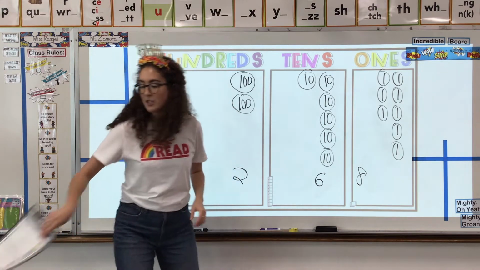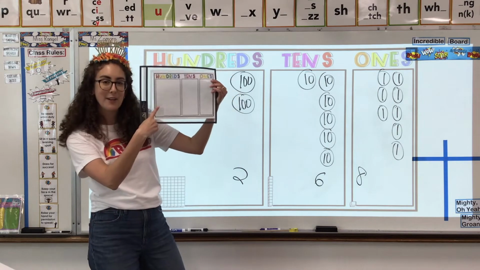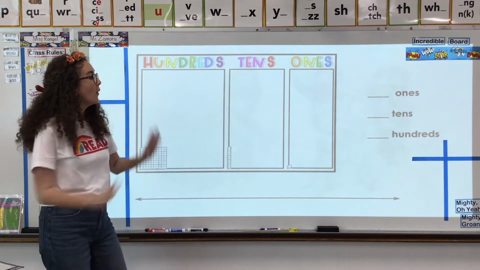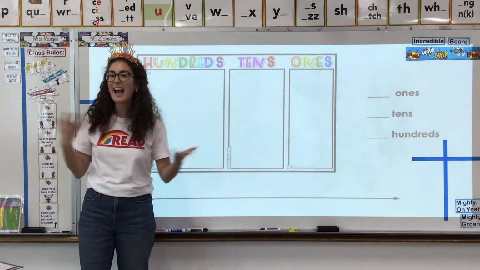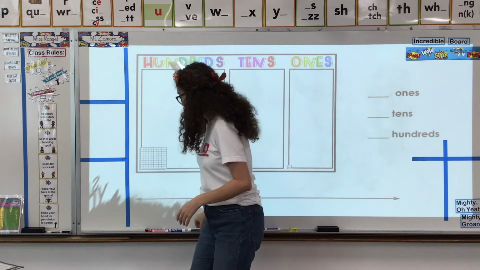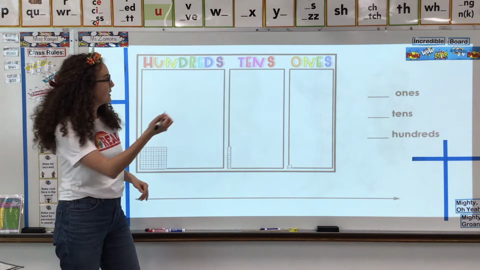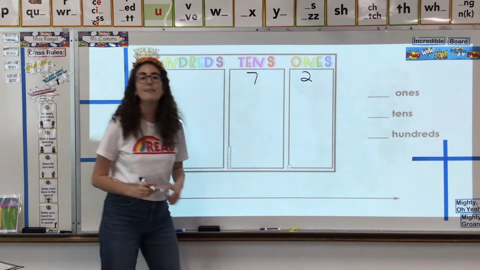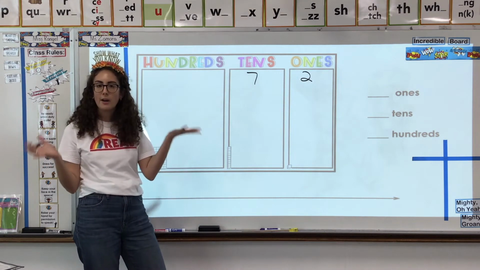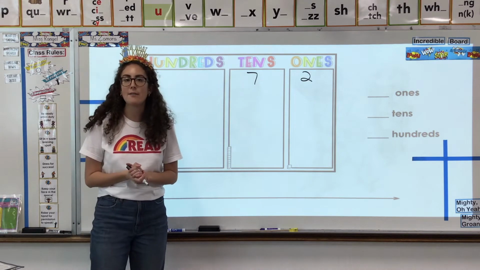Now, make sure you got your place value chart out and we're going to start drawing all together. Okay, second grade, you're ready and we're going to talk about drawing and showing three-digit numbers so many different ways. So, the first number we are going to draw is 72. So, second grade, can you tell me how many ones are in 72?